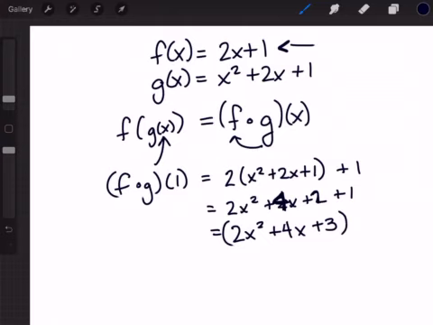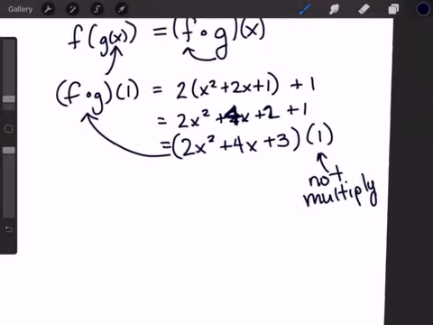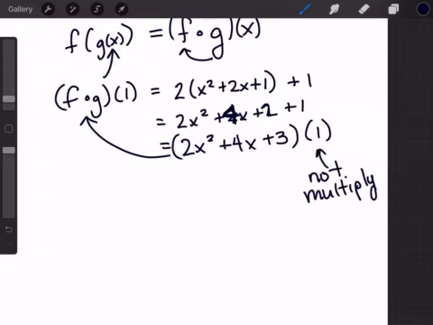This part right here takes care of that part right there. So now we still have to evaluate at 1, not multiply. Let me write that. Not multiply. Yes. So we're going to take the 1 and it goes into that x.